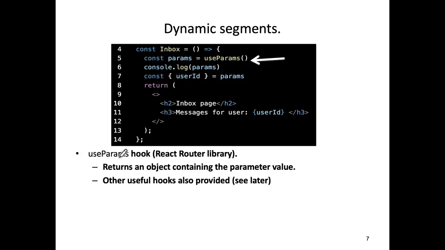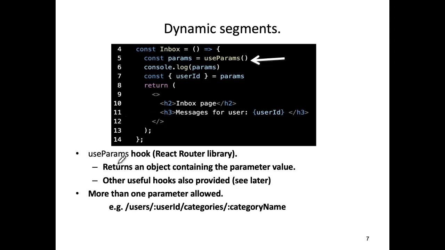So the useParams hook is just one of many hooks that are part of the React Router library, and we'll see some other hooks later on. In most cases anyway, they do return an object, and we just dig into that object. You need to understand the structure of the object, but it's fairly straightforward in this case.